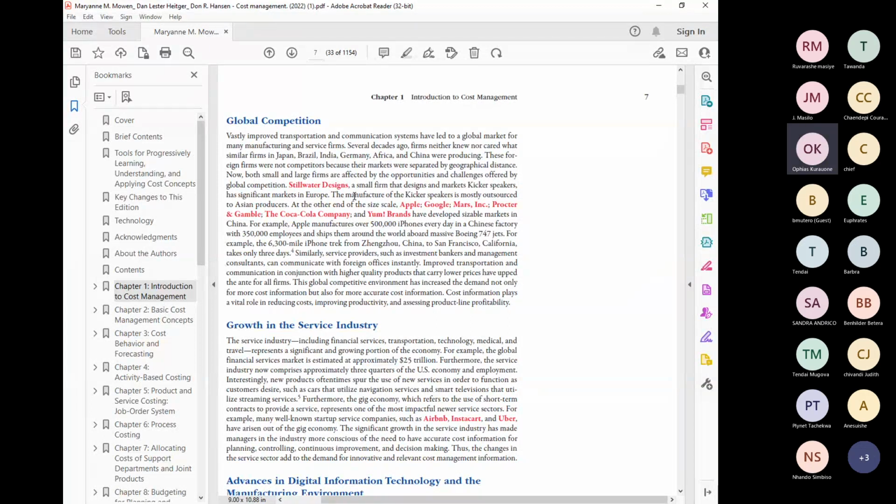So what is supposed to be done is that you need to make sure that you have a wider network so that you can improve. You're supposed to remain competitive. So because of that, cost information plays a vital role in reducing cost, then improving productivity. So it's very critical.